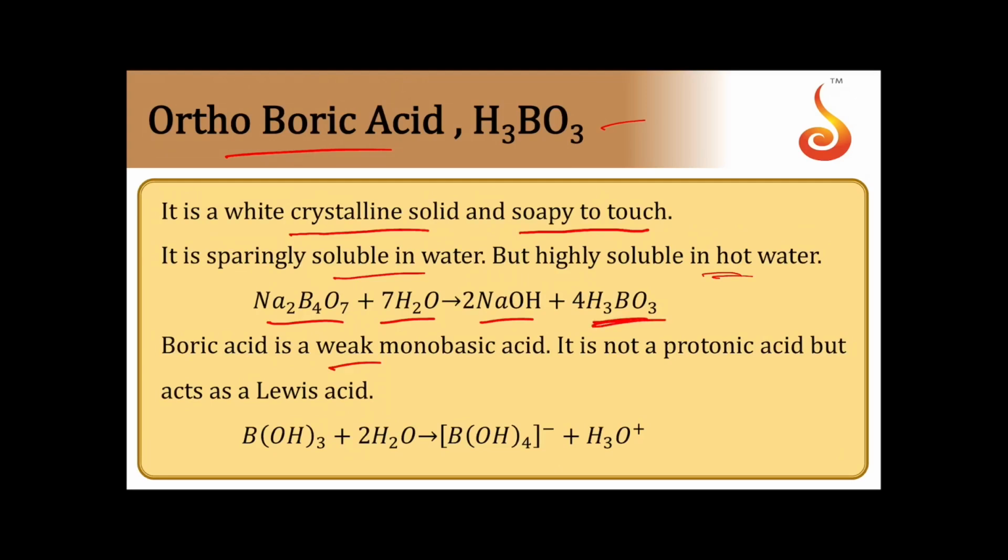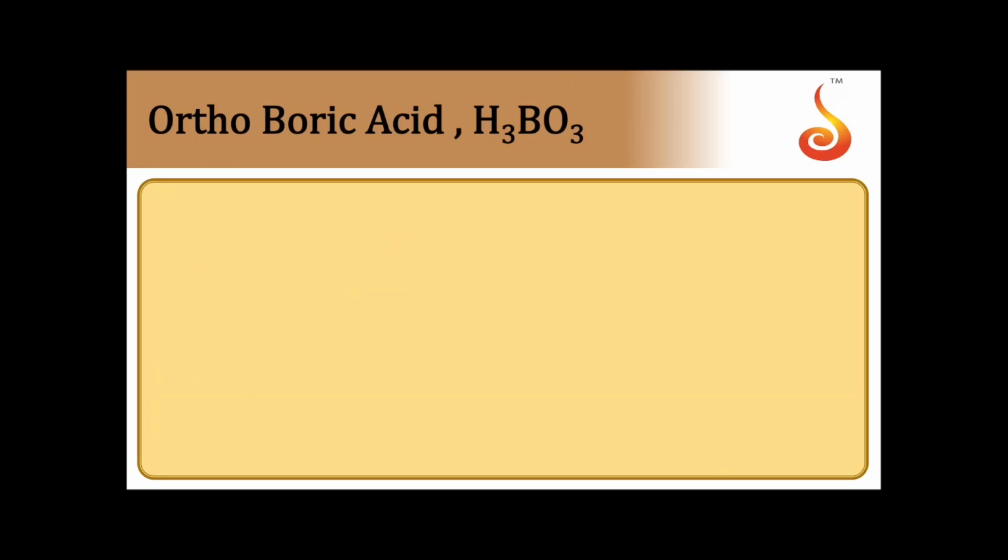Boric acid is a weak monobasic acid. It is not an Arrhenius acid, meaning it is not a protonic acid, but actually a Lewis acid. So boric acid plus water forms tetrahydroxyborate plus hydronium ion. Let us see the reaction. B(OH)3, the boric acid, plus water, which we write for convenience as H+ and OH-.